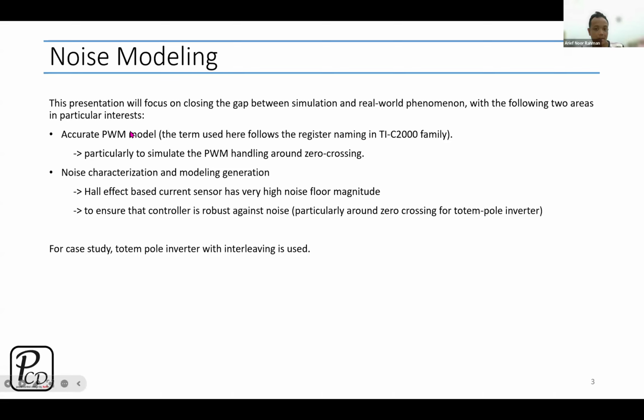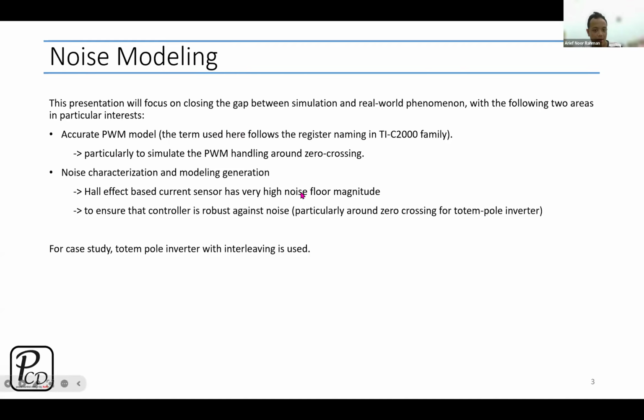One thing that often catches people when they are working on totem pole control is how the output behaves around the zero crossing. So I find that making sure we can simulate how the PWM is handled by the MCU inside the simulation environment is particularly important.